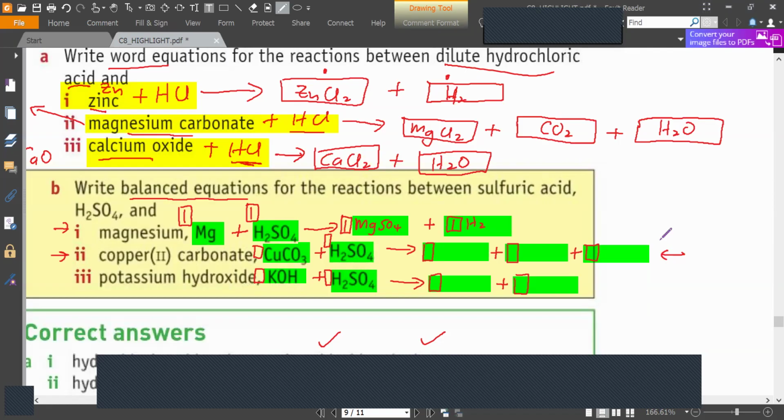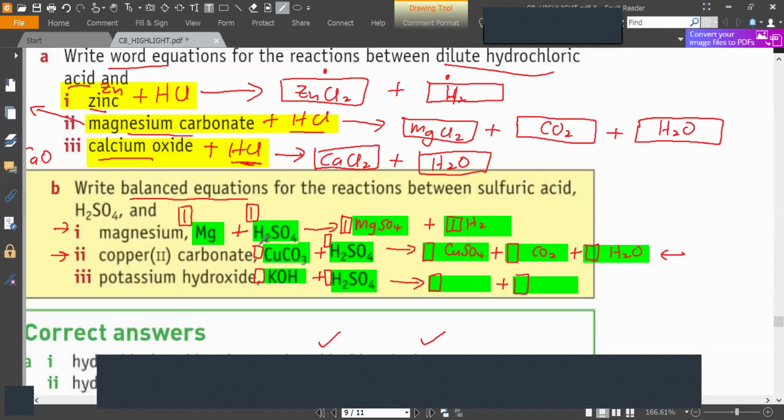Okay, what products do we expect to have? Copper sulfate, carbon dioxide, and water. Yes.